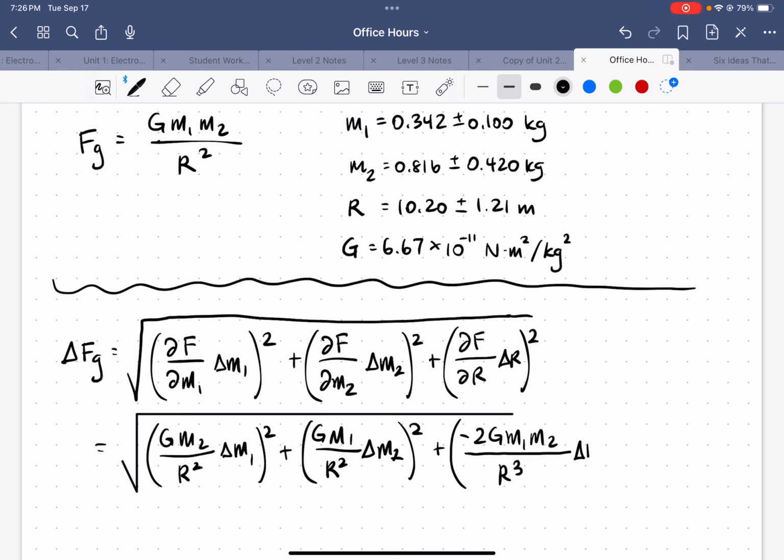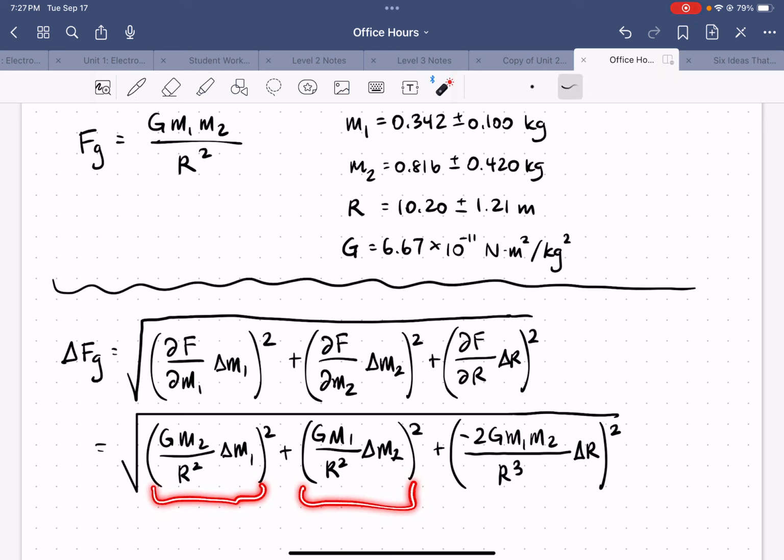By the way, each one of these terms has to have the correct units for force. Delta m1 has the same units as mass, so we still have G multiplied by 2 masses divided by r squared. Same thing here. Here we have G multiplied by 2 masses divided by r cubed, but then we have this uncertainty in r, which has the same units as r.